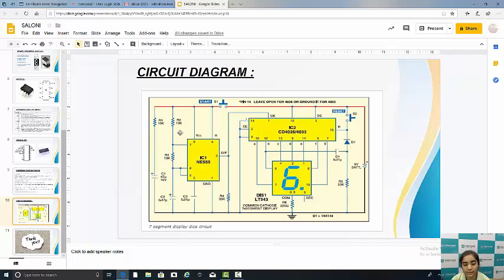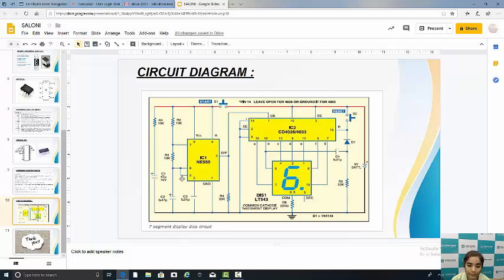Now the second is a 10 kilo ohm resistor, connected to positive. Then the third is a 10 kilo ohm resistor. The second 10 kilo ohm resistor is connected to the third one, and the third one is connected to a capacitor of 0.47 microfarad.